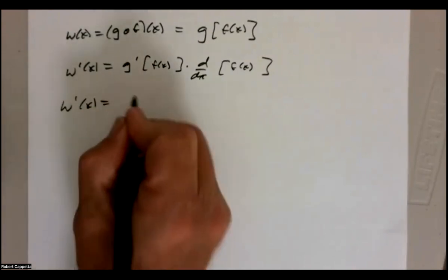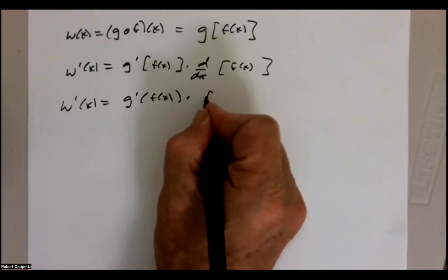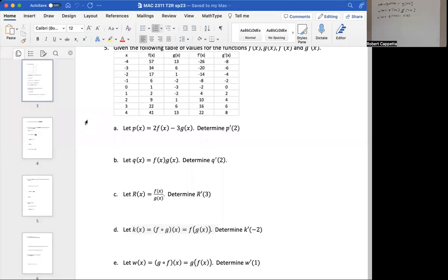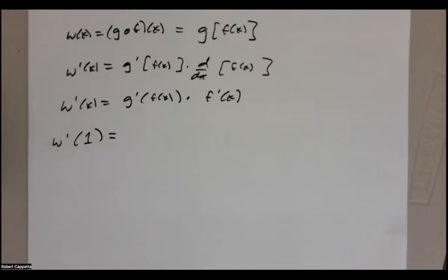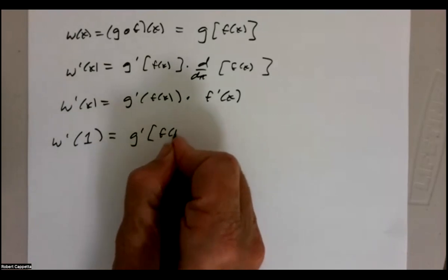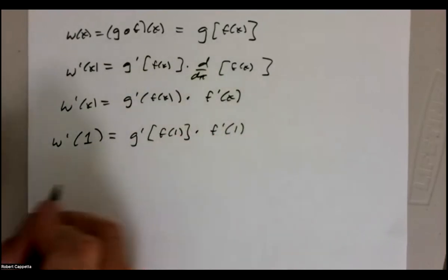So w prime of x is g prime of f of x times f prime of x. Let's take a look at what they want. They want w prime of 1, okay? Replace all the x's with 1. What is w prime of 1? G prime of f of 1 times f prime of 1.